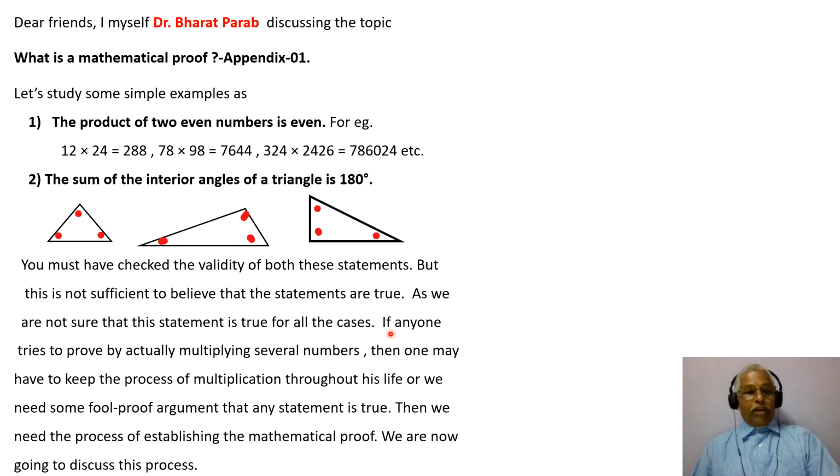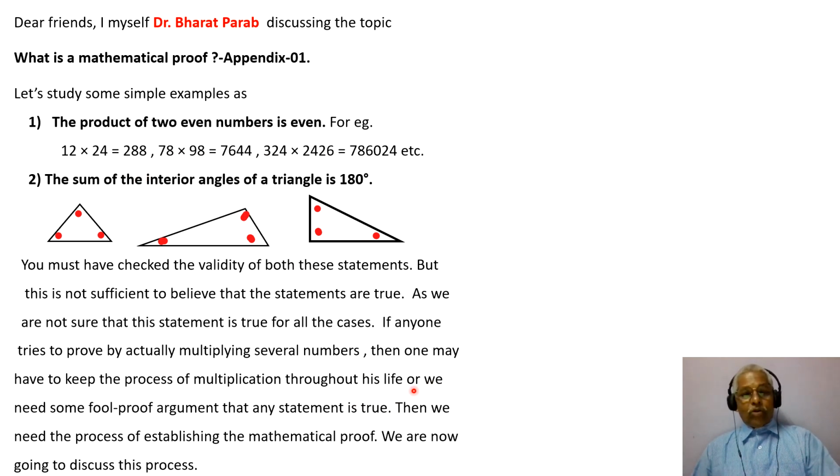If anyone tries to prove by actually multiplying several numbers, we are talking about this now, then one may have to keep the process of multiplication throughout his life. Because there are crores and crores of numbers.